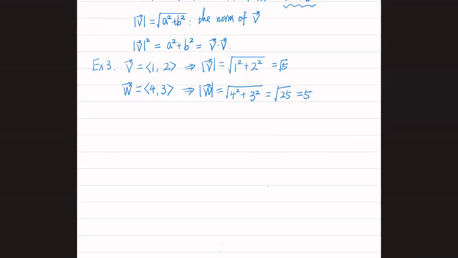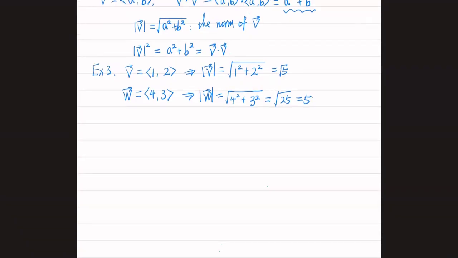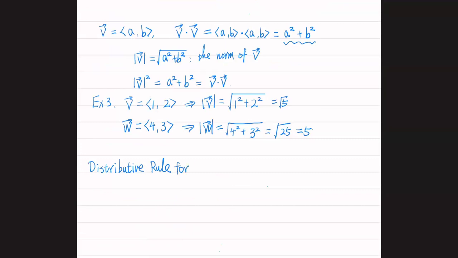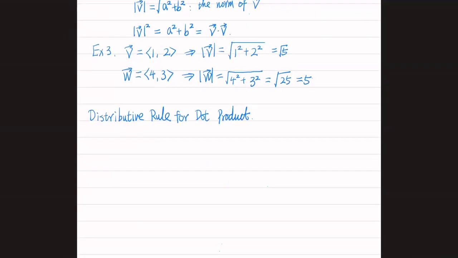So we have the commutative rule. Next, we have the distributive rule. There are two forms.